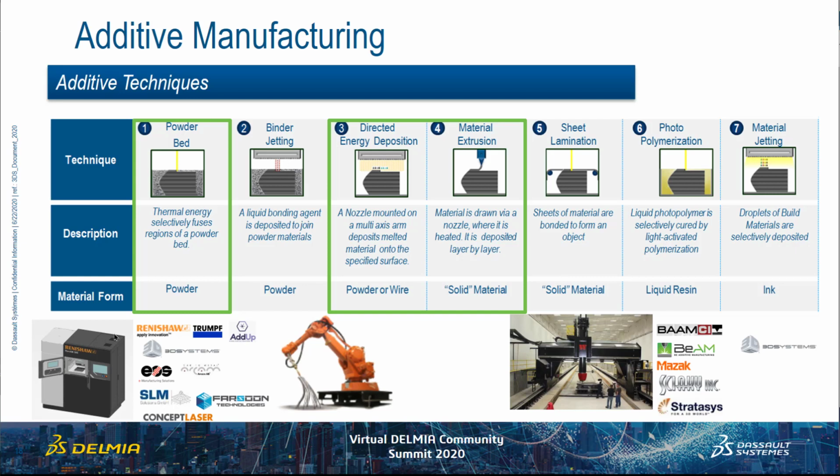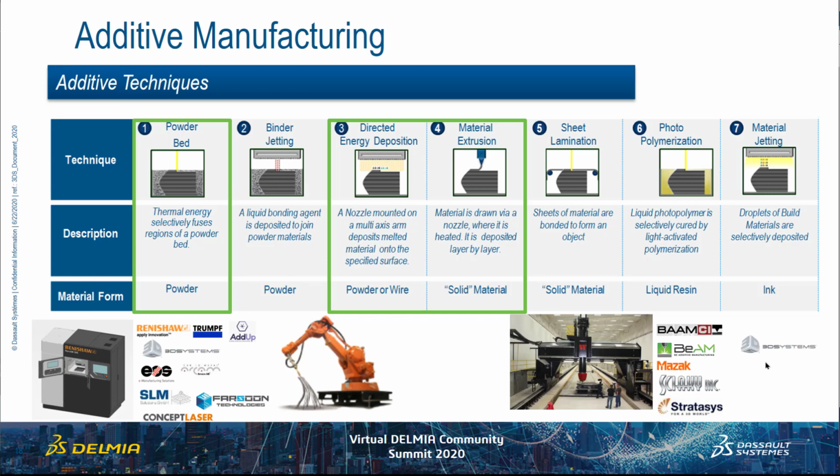Some of the machine vendors listed here for the powder bed are Renishaw, Trumpf, AddUp, 3D Systems, EOS, SLM, Farsoon, and so on. And for the polymers, we have BAM-CI, Siaki, Mazak, Stratasys, 3D Systems, and so forth. Except for a couple of them, we are partnering with most of the vendors listed here, though not all of them yet.